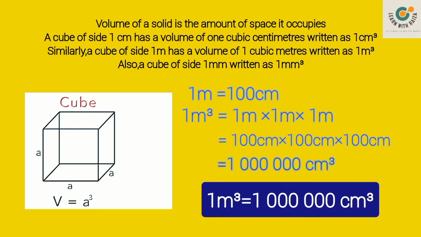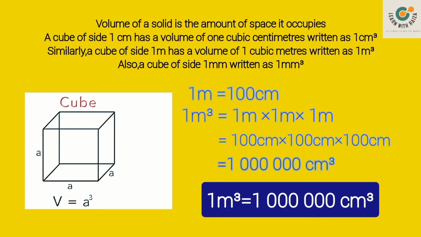1 meter is equal to 100 centimeters. Therefore, 1 cubic meter is equal to 1 meter multiplied by 1 meter multiplied by 1 meter. So we all know that 1 meter is 100 centimeters. So 100 into 100 into 100, you get 1 into 10 to the power 6 cubic centimeters.